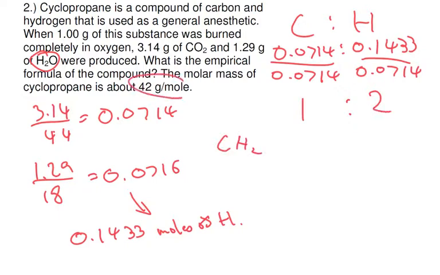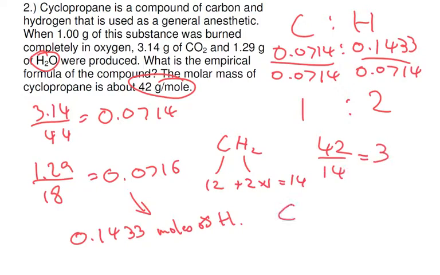Now they tell us the molar mass of cyclopropane is 42 grams per mole. Well, carbon is 12, and we've got 2 times 1, which gives us 14. 42 divided by 14 is 3. So we should have C3H6.